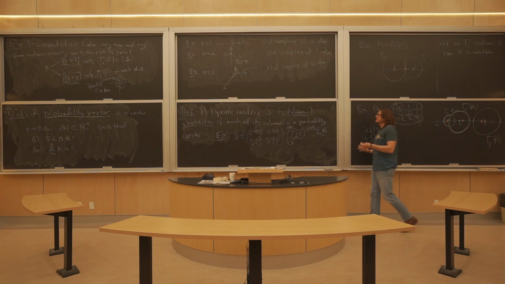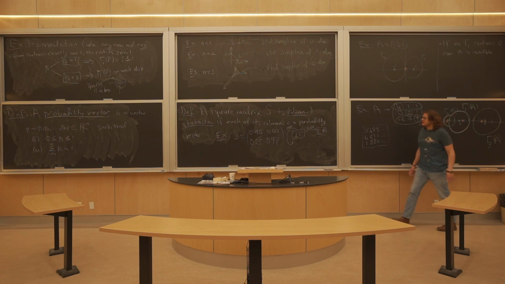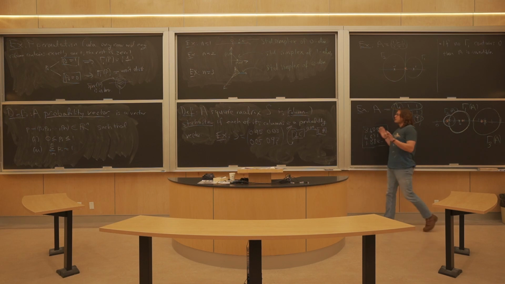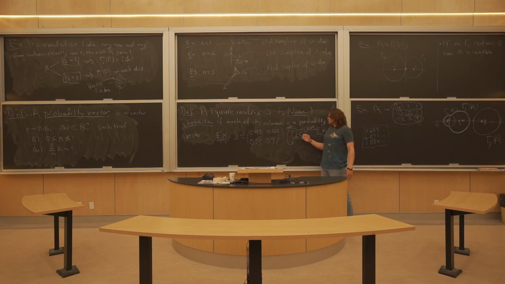So there's a bunch of ways of interpreting this. One way to say this is that this is the probability of a person living in Salt Lake City staying in Salt Lake City. So the probability is 95. Or you say, out of the total population in Salt Lake City, 95% of it is going to stay in Salt Lake City next year, and 0.05 is going to move to LA.